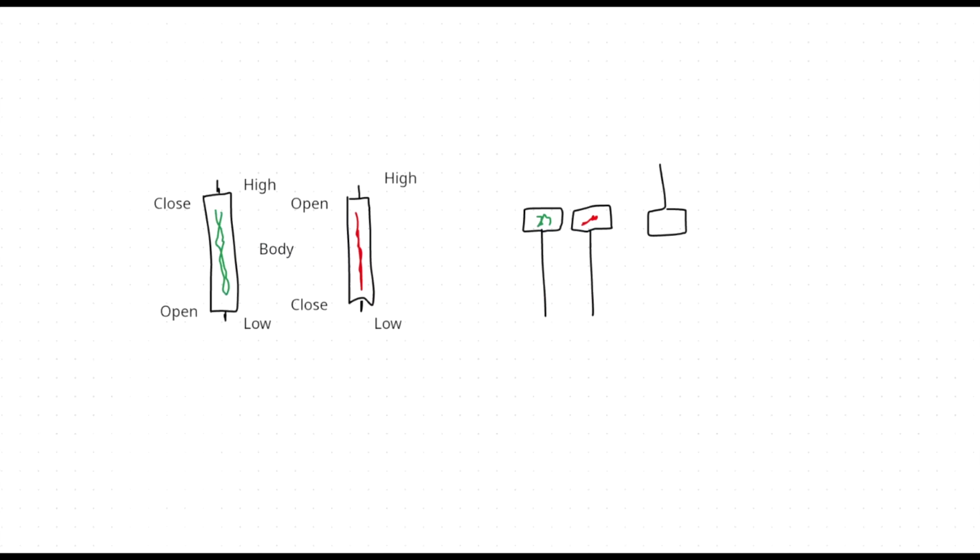So if we have a series of candles, and I'll draw these out really quickly, let's say these candles are going down. We're in a downtrend, lower lows and lower highs.